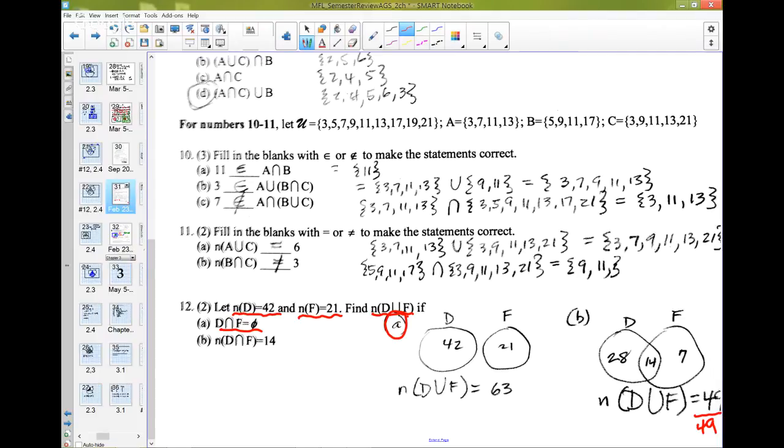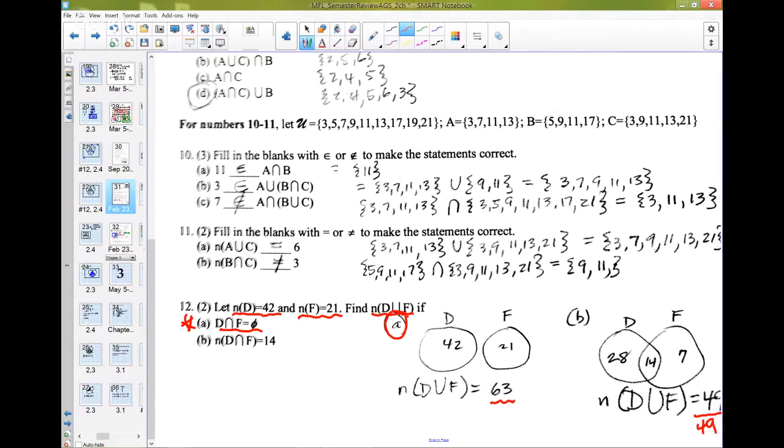Here I actually recognize in two parts of the problem that there are different states. So in the first one, yeah, D and F miss each other, and that's what this says. Okay, so I've drawn them so they miss. So there's 42 in D, there's 21 in F. What happens if you take the union? How many are in there? That's just 42 plus 21. So that was really pretty easy.